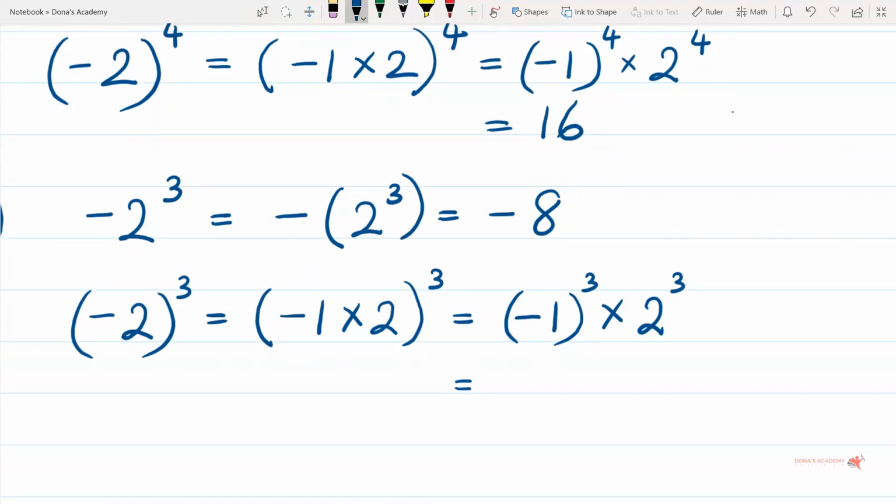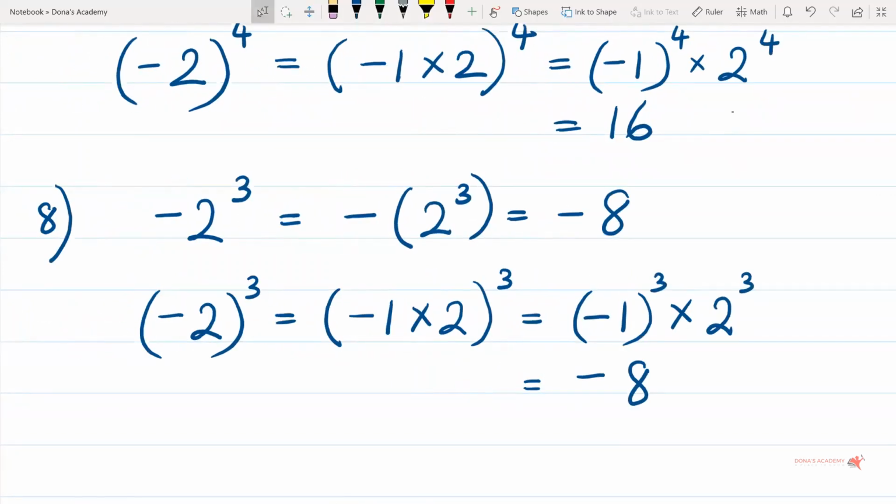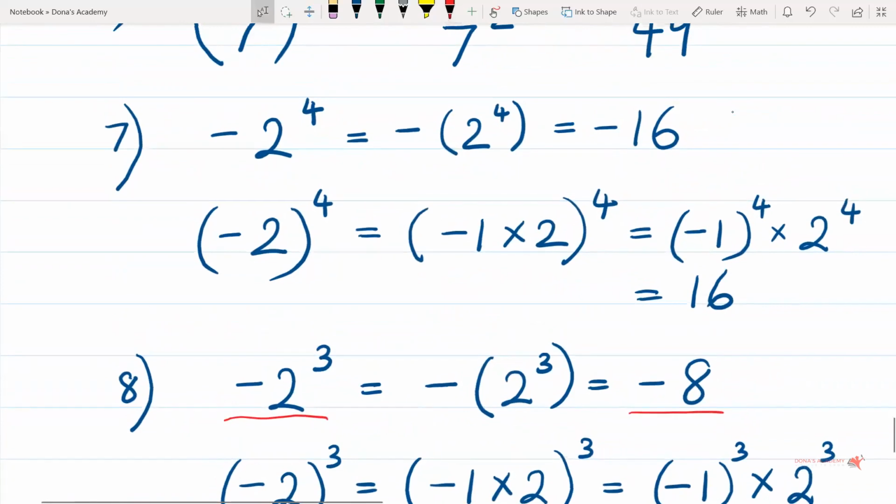So any odd power of negative 1 is negative 1. So this is negative 8. So you can see that it doesn't matter if you have parentheses or not for odd powers of negative numbers. It is giving the same answer, negative always. So you don't have to worry if you are taking an odd power of a negative number. However, you have to be very careful when it comes to even powers. Be careful with the parentheses.